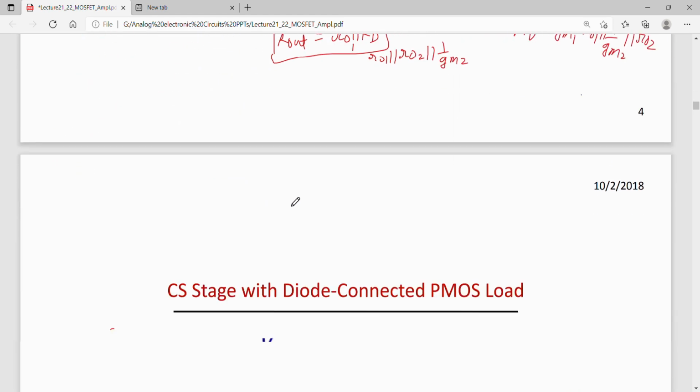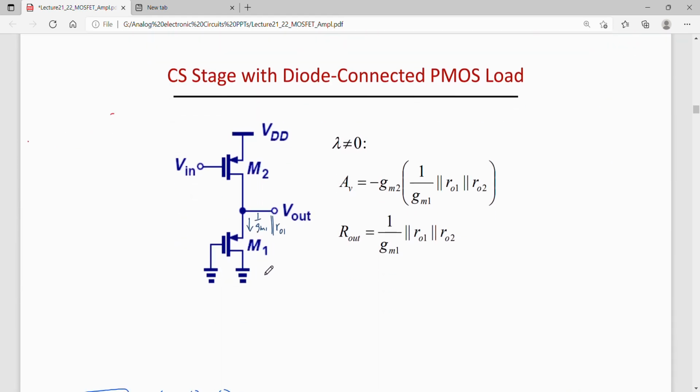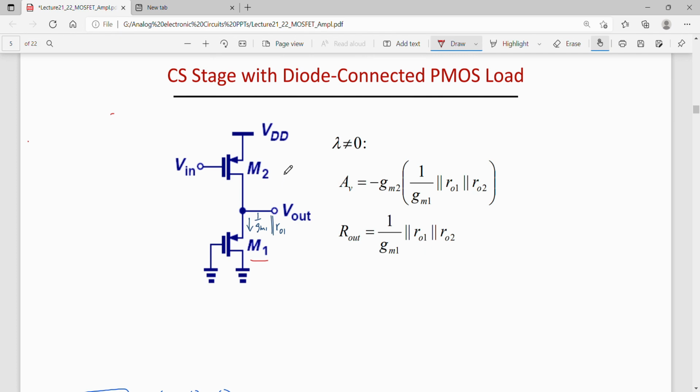Okay. So for example, here a PMOS is used as a diode connected load, right? So this M1 transistor is PMOS, which is used as a diode connected load to this common source stage. Okay. So this is my common source stage implemented by a PMOS transistor M2, and to this transistor the load is a diode connected PMOS.